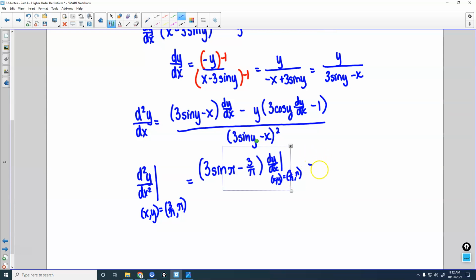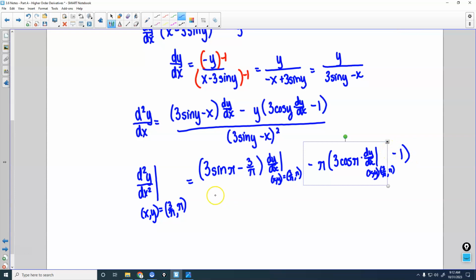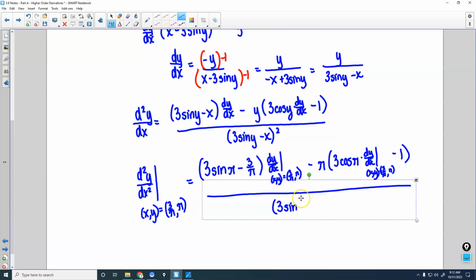Then we'll have minus pi times 3 cosine pi times our dy dx at x, y equals 3 over pi, pi, minus 1 all over 3 sine of pi minus 3 over pi, squared.